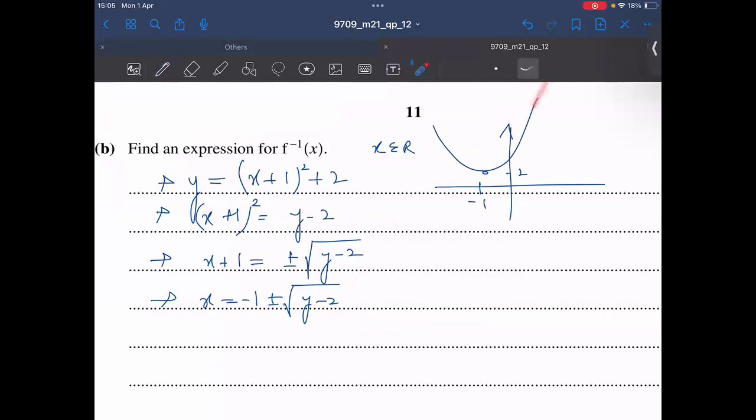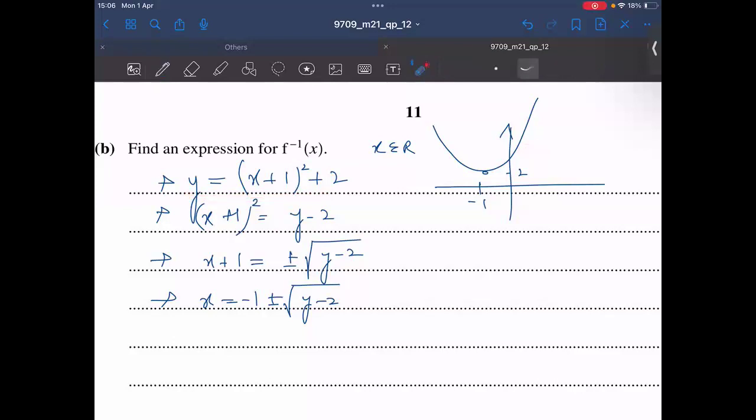The graph is not going to end on either end. The graph is going to be like this for the domain x belongs to real numbers. And this tells us that this relationship is basically a many to one relationship.